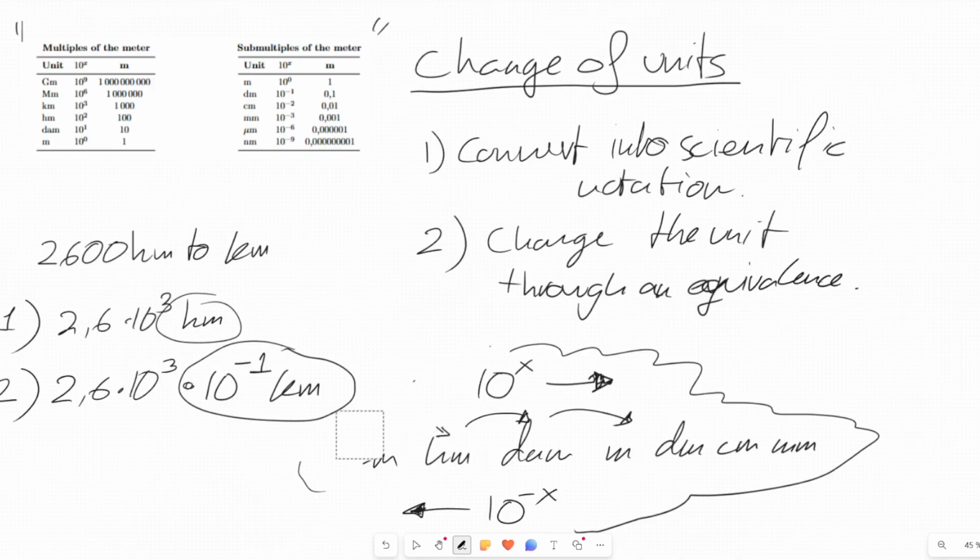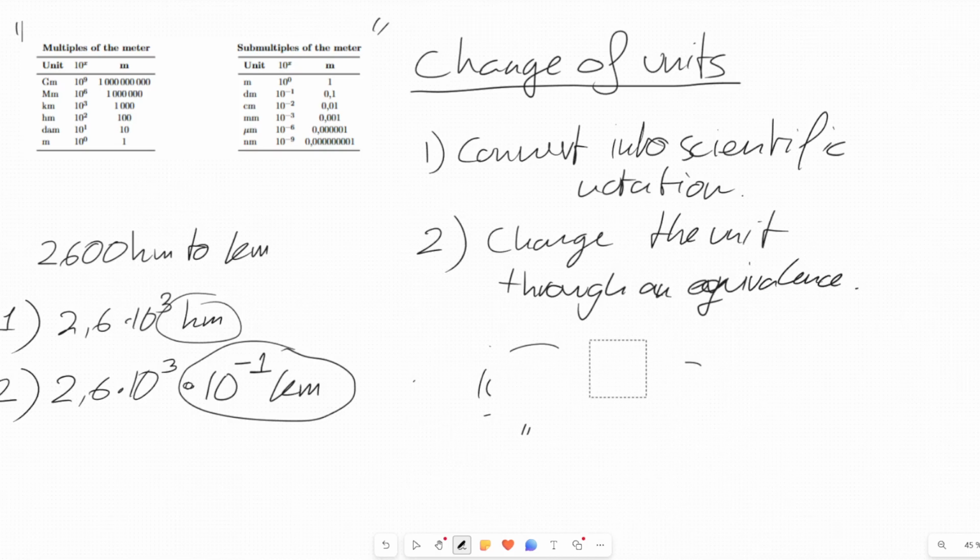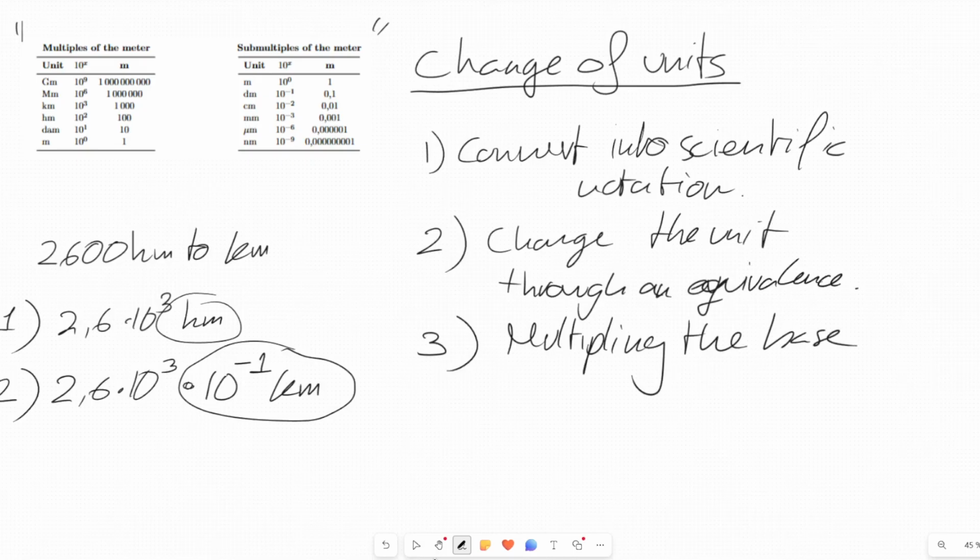And finally, the last step of the three that we have in this method is multiplying the base 10 powers using a very simple rule that we probably have learned in maths, which is any number with a certain exponent multiplied by the same number with any other exponent can be solved by having the same number as a base and the sum as the exponent.